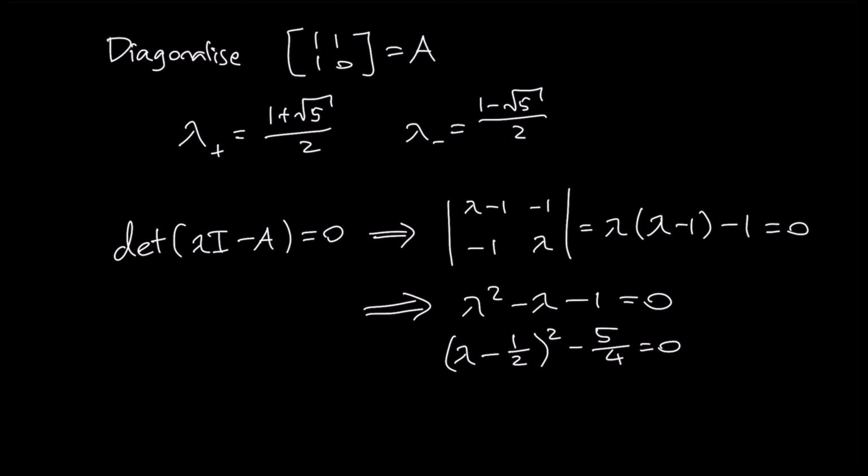So I get that lambda minus a half is equal to plus or minus the square root of 5 on 2. I'm skipping a few steps there, but from that I get lambda is equal to 1 plus or minus the square root of 5 over 2. So there we go. We get those suspicious looking eigenvalues which do appear in the equation we're looking for. So this is another good sign that we're on the right track.